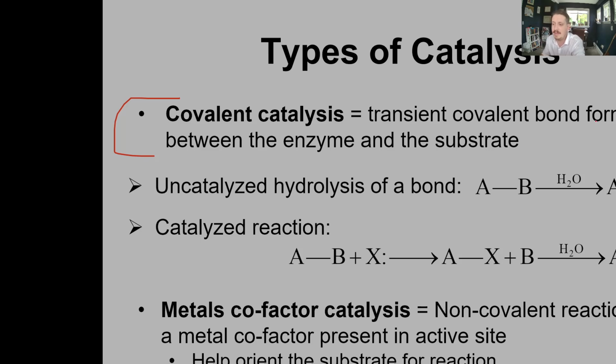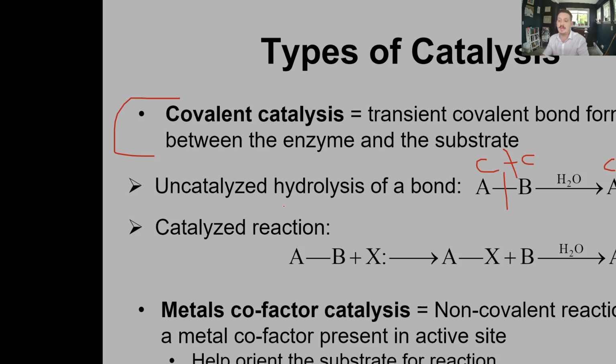If we have A and B, that's just a carbon-carbon bond, for example, and we want to break that bond to give carbon plus carbon. A and B, we want to break that bond. So the chemical reaction that's being catalyzed is the breaking of this bond.